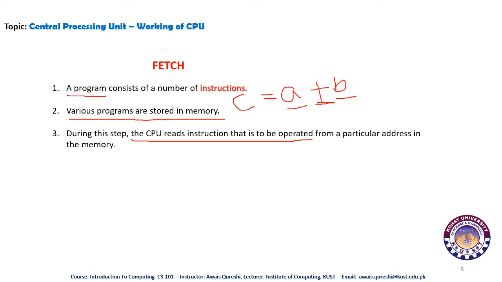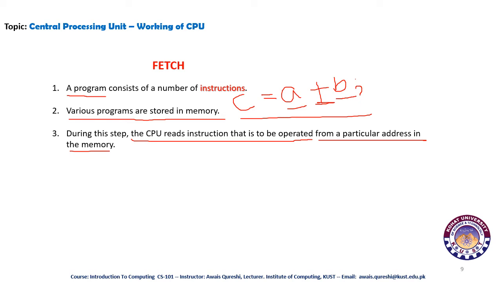In a computer language, we call this statement an instruction. So the CPU reads this instruction, which is a plus b, from a particular address in the memory. Memory is also playing a very critical role in a computer system, because we have written a program and that program is stored in memory.